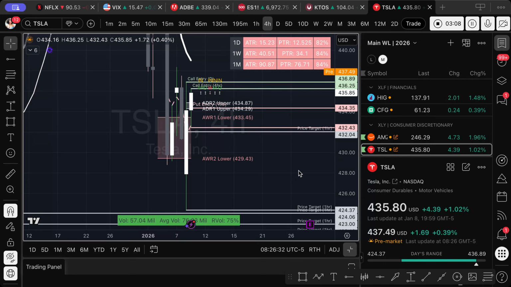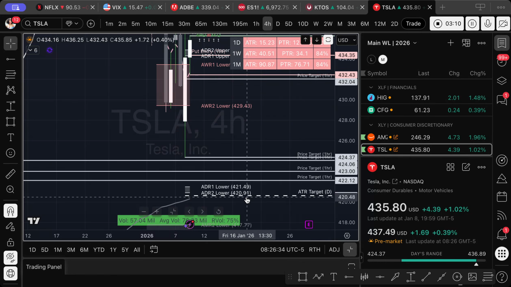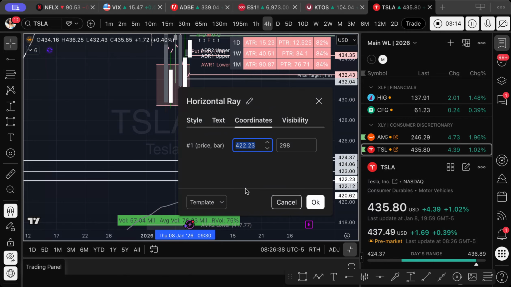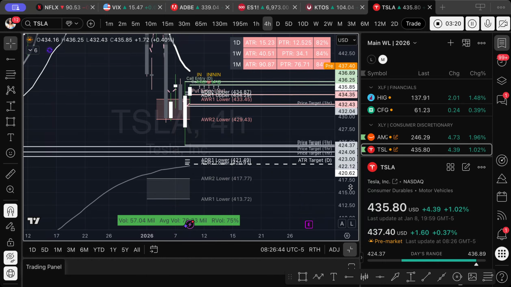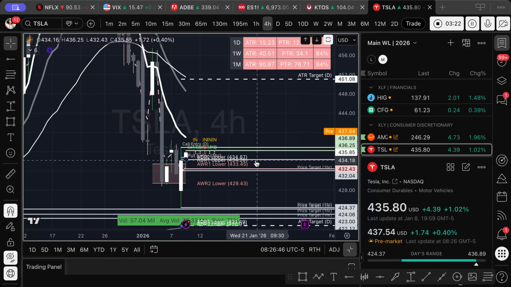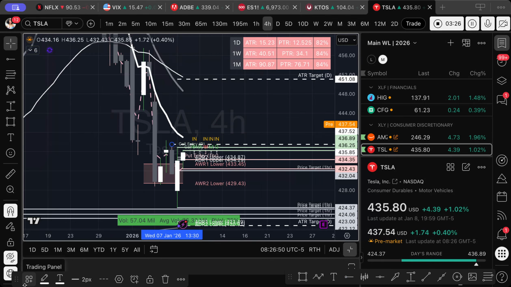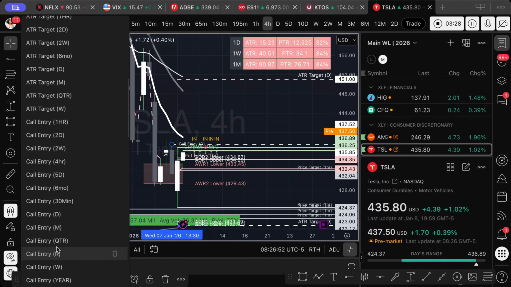So we're looking at about 451.08. And let's map out our price targets to the upside based on the 4 hour.